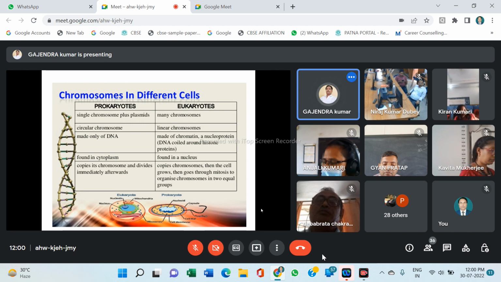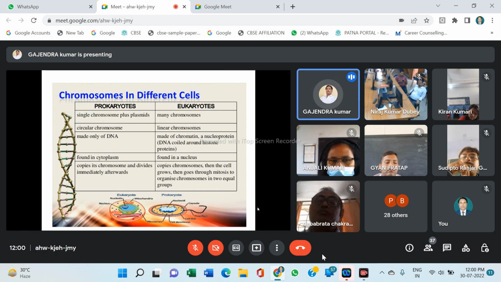In prokaryotes the DNA is found in the cytoplasm, but in eukaryotic cells we observe it within the nucleus. In prokaryotes the copies of the chromosome divide immediately afterward, but in eukaryotes, after the chromosomes are copied, the cell grows. Then it goes to mitotic cell division to organize the chromosomes in two equal groups.